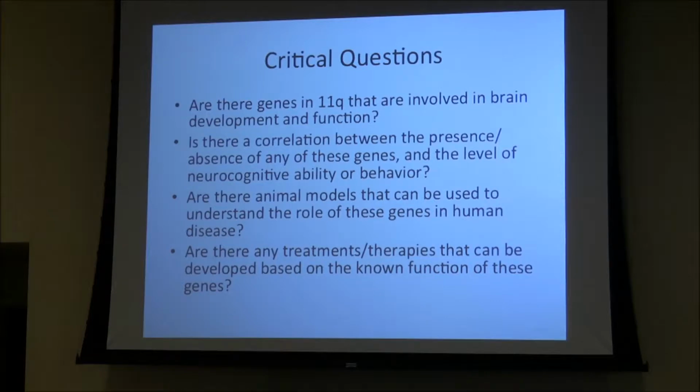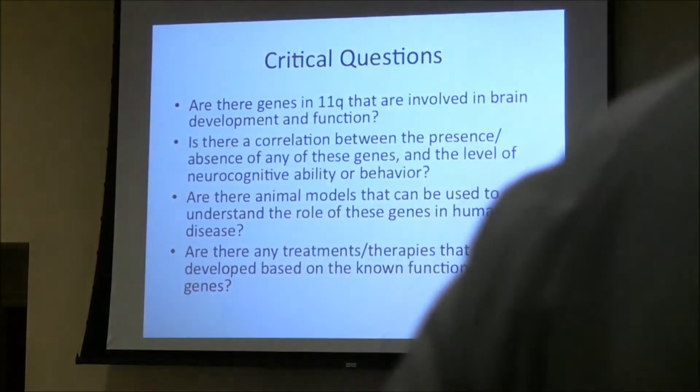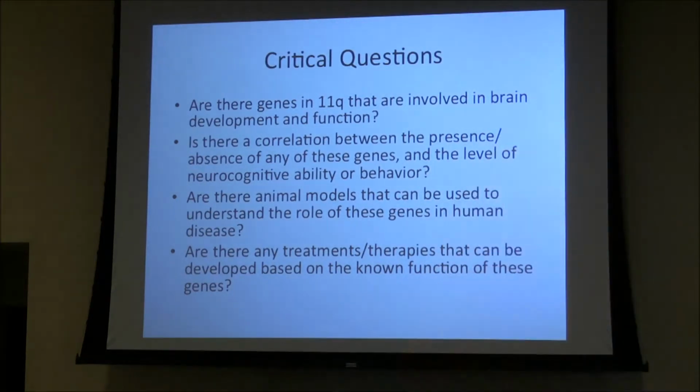And later on, I'm going to show you some unpublished data that has been graciously provided to me from one of my collaborators that will give you some insights into that. I do ask that we're actually not going to show that on the live stream, out of respect to my collaborator, but I will provide those here in the room with the opportunity to view that. And then finally, are there any potential treatments or therapies that could be developed based on what we know about the function of these genes?